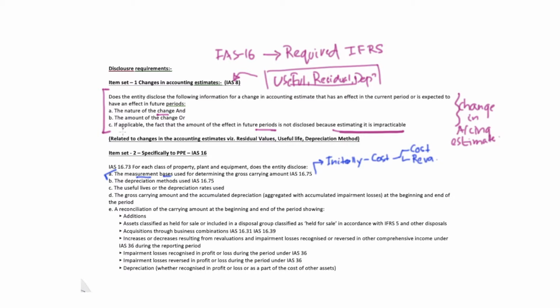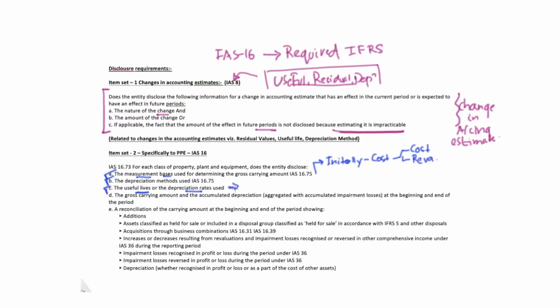The depreciation method used by the entity, because there are a lot of depreciation methods available in the market. Which one the entity picked, they require to disclose. The useful life of the property, plant, and equipment, and the depreciation rates.